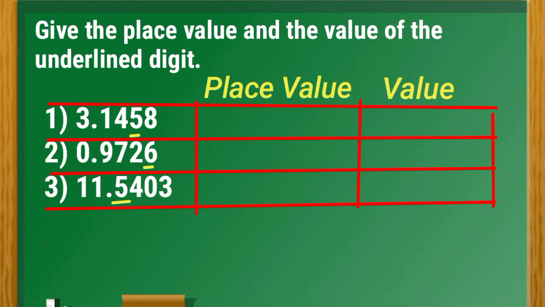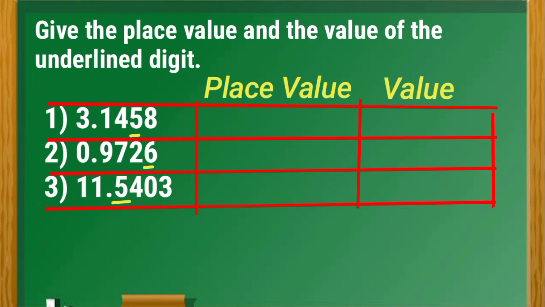So I want you to get a sheet of paper to answer the following items to check whether you understand the lesson. Give the place value and value of the underlined digit. Here are the numbers. I will challenge you not to use the place value chart. Just remember the different place values of the decimal number and what comes first, what comes second, what comes third, and so on and so forth.